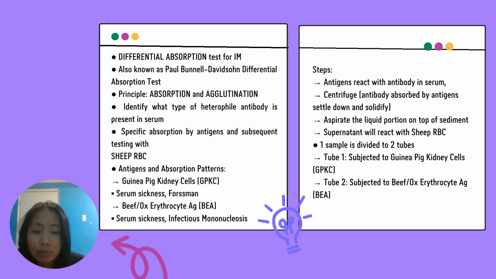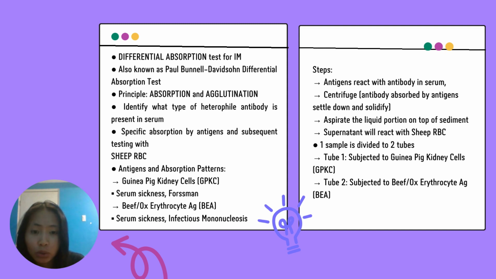So, what are the limitations of these tests? It could cause false positives. It can be positive in people who do not have infectious mononucleosis, especially if they have recently received certain medication or have had recent vaccinations.